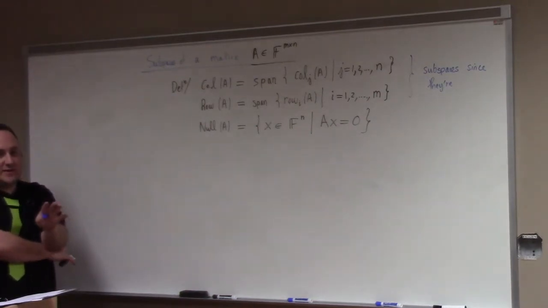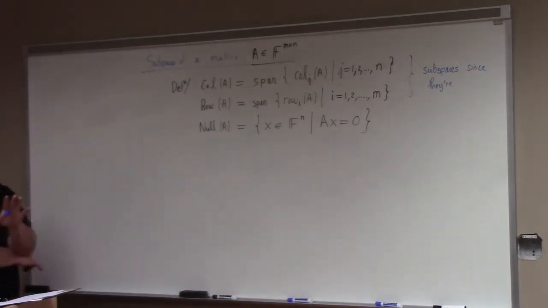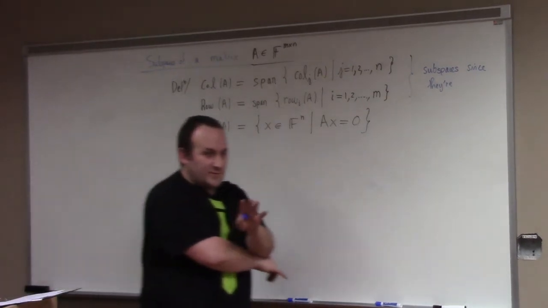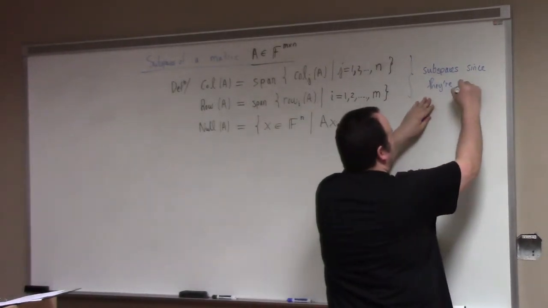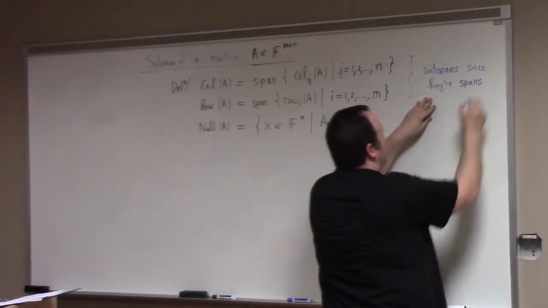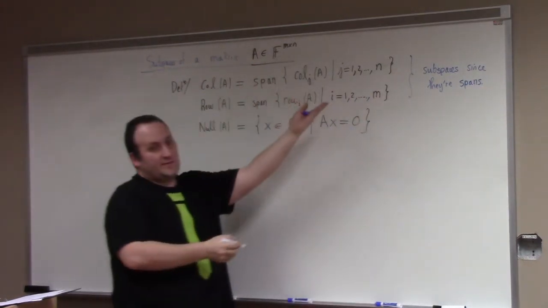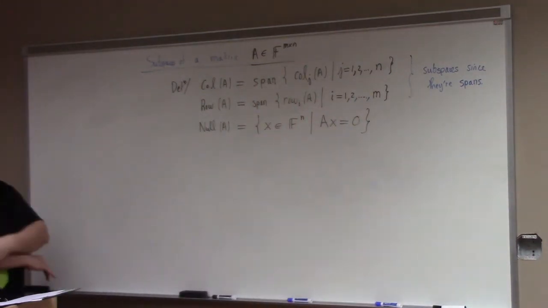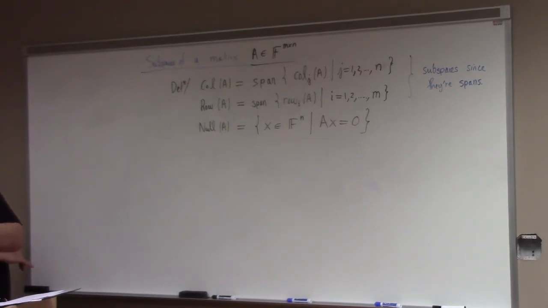You must internalize this fact. A span is a subspace. This is one of our theorems. So the fact that they are defined as the span of vectors means they're subspaces, resting on the observation that linear combinations of linear combinations are linear combinations. So it passes the subspace test.